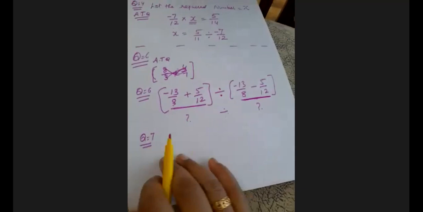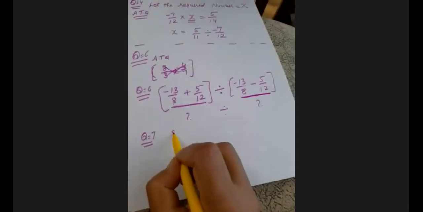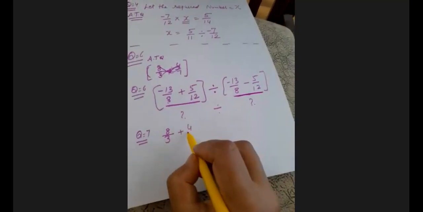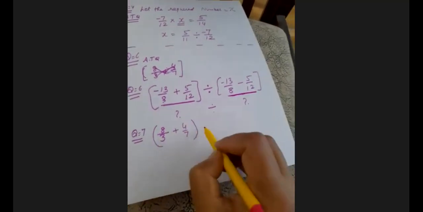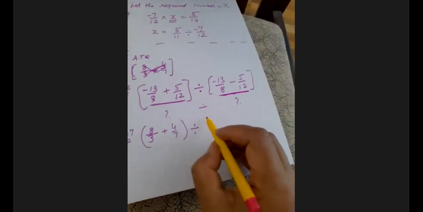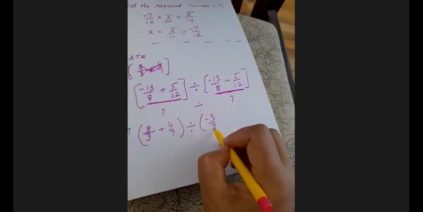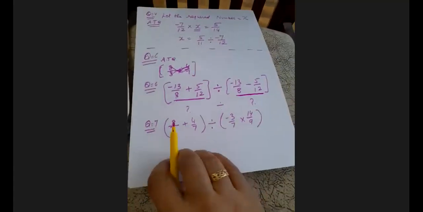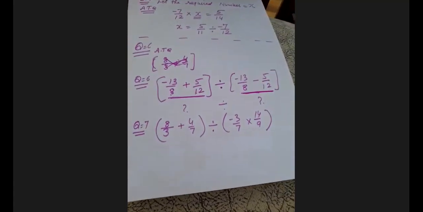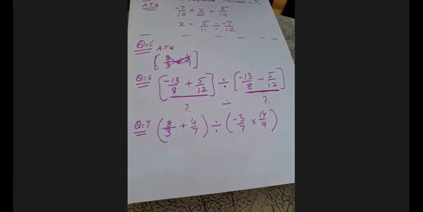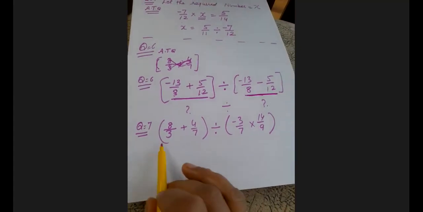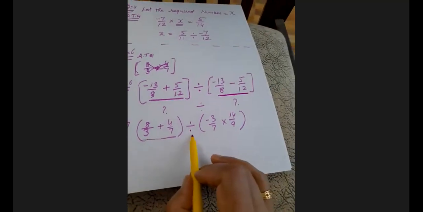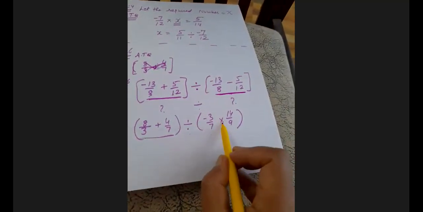Question number 7. Divide the sum of 8 upon 3 and 4 upon 7 by the product of minus 3 upon 7 and 14 upon 9.